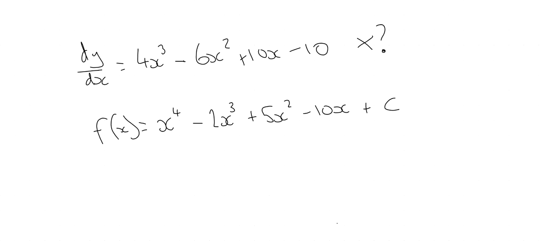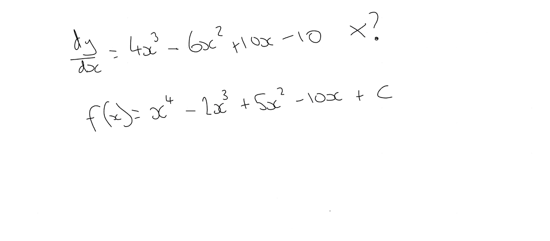So what I'm going to do is show you, because this was pretty easy, some slightly different notation. I'm going to take my derivative, right? I'm going to call it 4x to the 4. I'm going to increase the power by 1, and then divide by that power. I'm going to leave the 6 as it is.